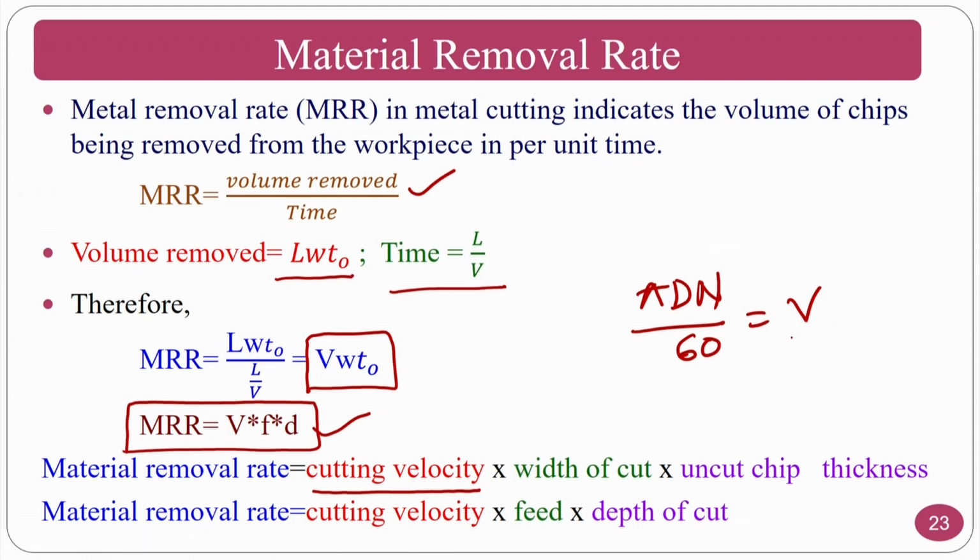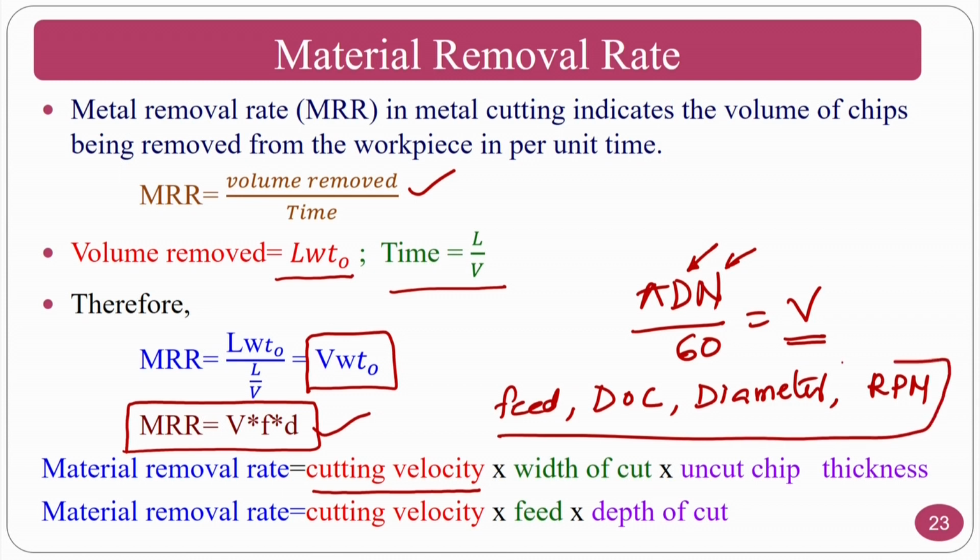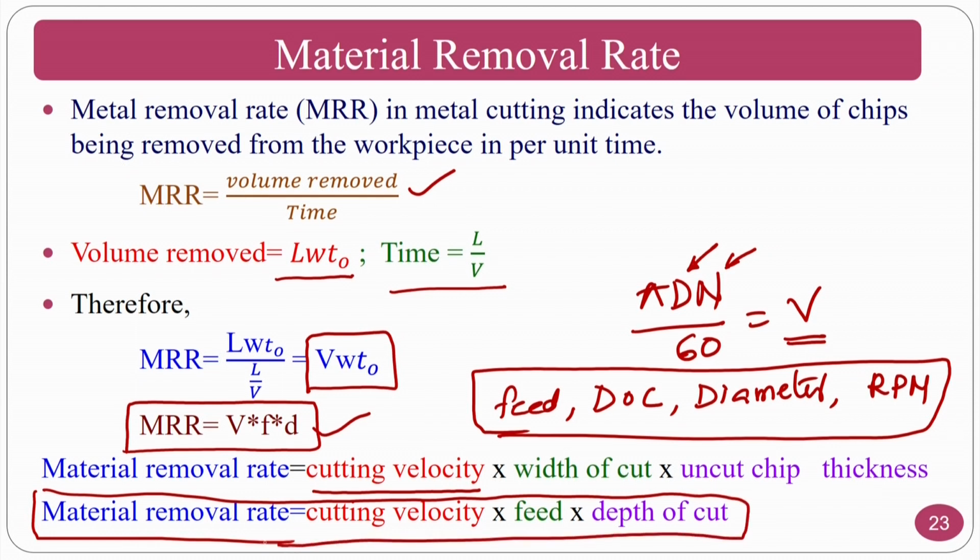Apart from your feed and depth of cut, the total input parameters are diameter and the RPM, rotations per minute. If you know all these things, you can calculate your material removal rate. So that is what is given here. I just divided the cutting velocity also into input parameters.